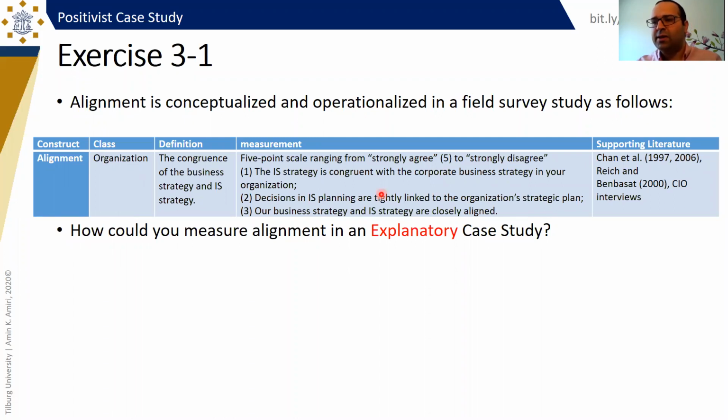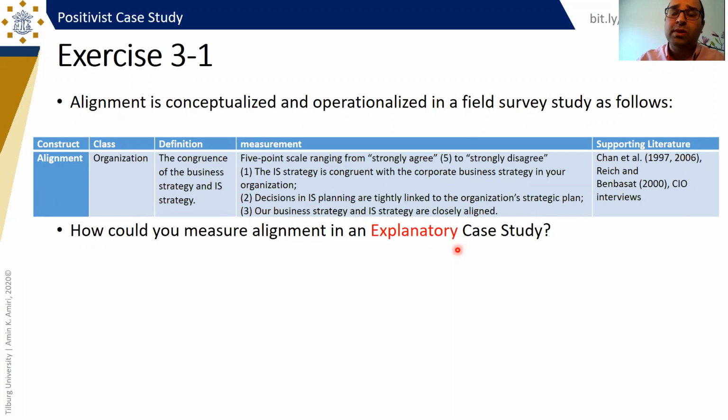You have seen that in the literature, but you need to use explanatory case study in your own research. You have alignment as part of your theory. You need to measure alignment as part of your theory, but you do not use field survey. You're using explanatory case study.